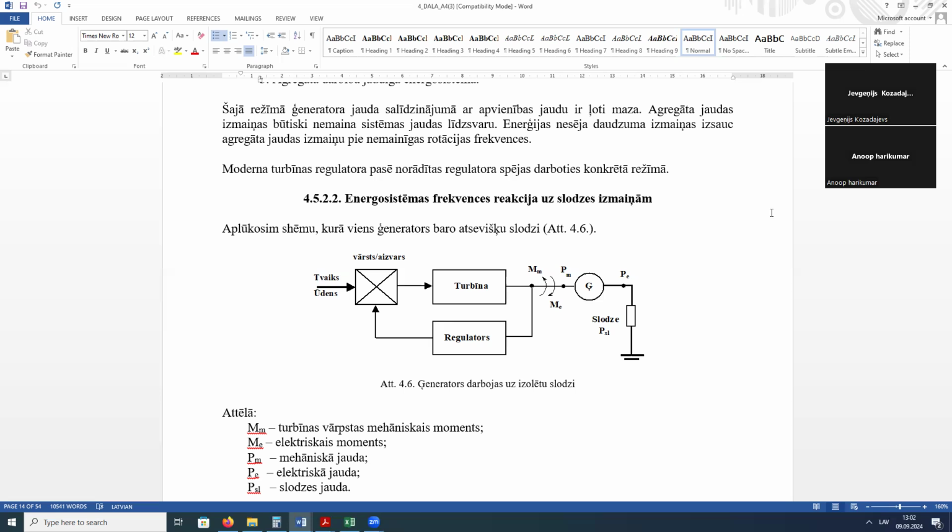It means that this rotating kinetic energy, this inertia, goes backward to any change in a power network. And this gives us time to make any action. This is why inertia is very important.